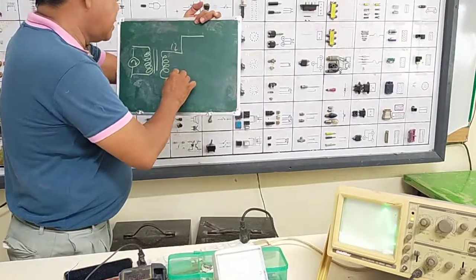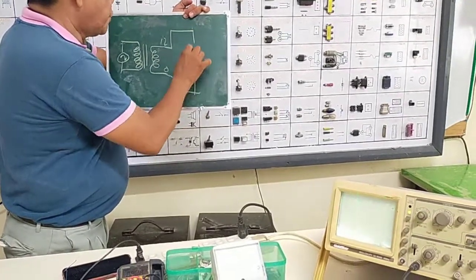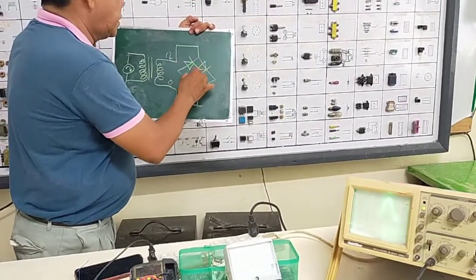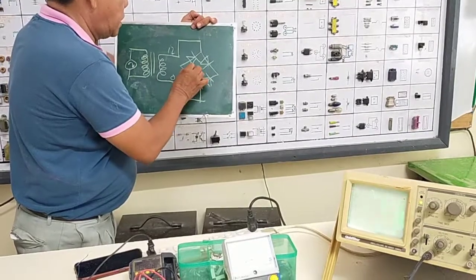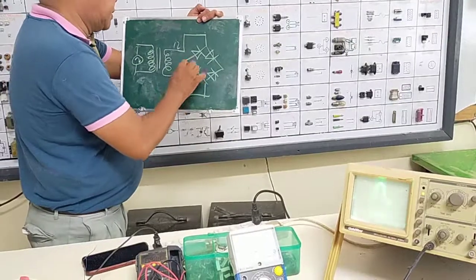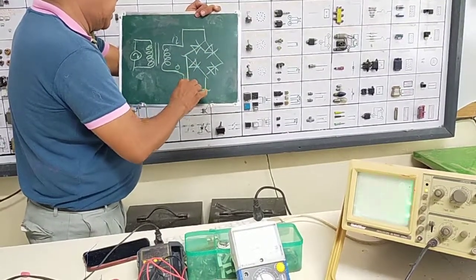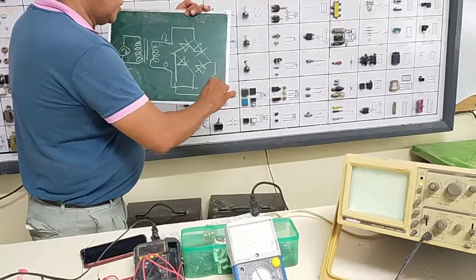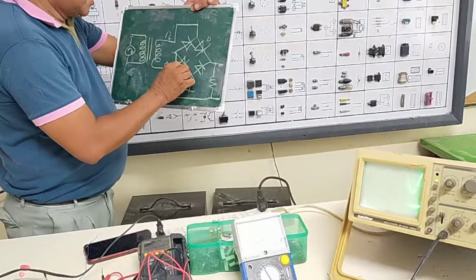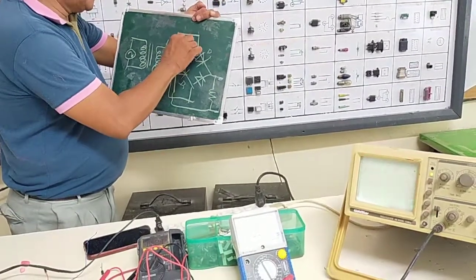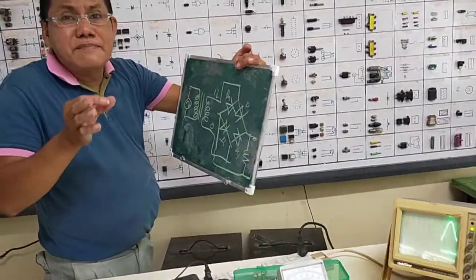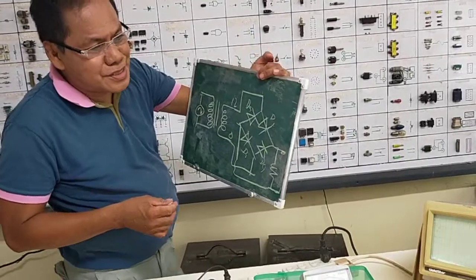So we are using 4 diodes. It goes like this, and we have here the load resistance over here. Diode 1, diode 2, diode 3, diode 4. So, a little bit complex in the sense that we are already using 4 diodes.